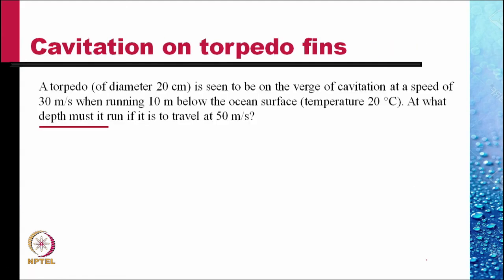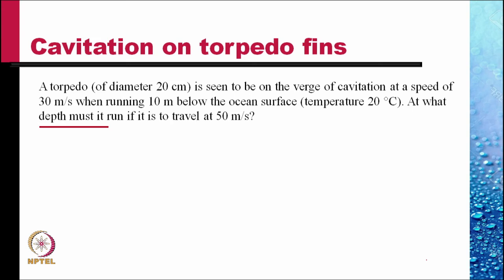A torpedo of diameter 20 centimeters is seen to be on the verge of cavitation at a speed of 30 meters per second when running 10 meters below the ocean surface. The temperature is 20 degrees Celsius. From this temperature, I can find out the vapor pressure. It's about 3.4 kilopascal.